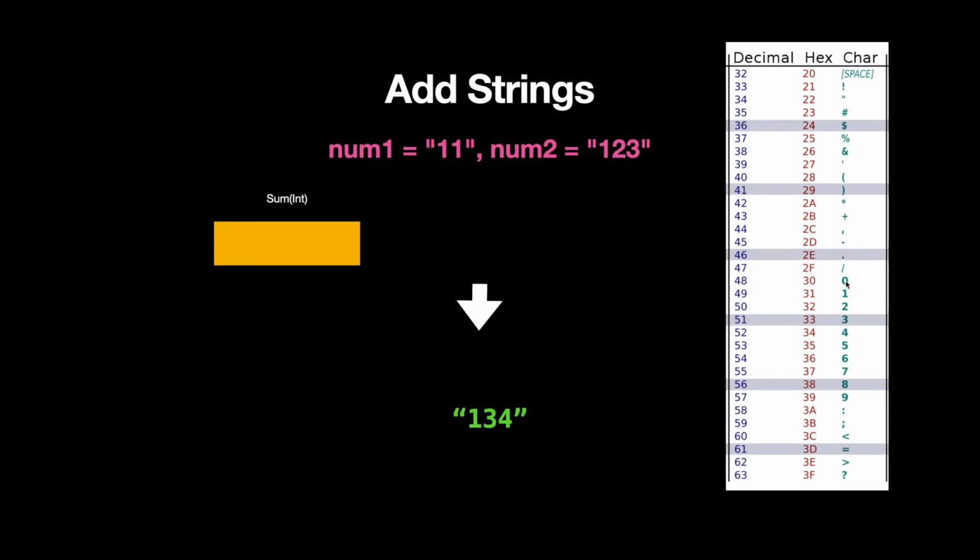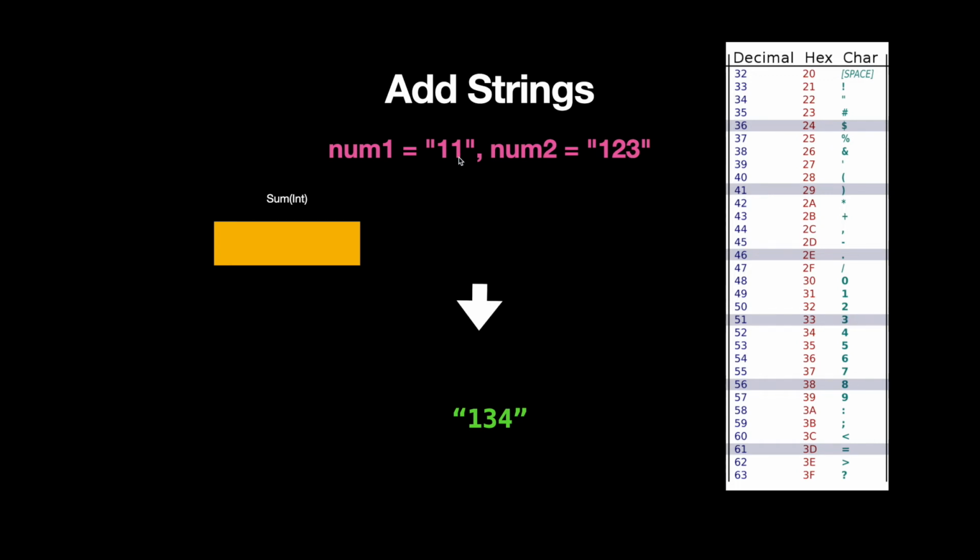So if you see, character 0 has an ASCII number of 48, right? If we deduct character 0 from character 3, character 0 is 48 and character 3 is 51. So if we deduct the ASCII numbers of these two, we will get the number 3, right? That's how we will do it.